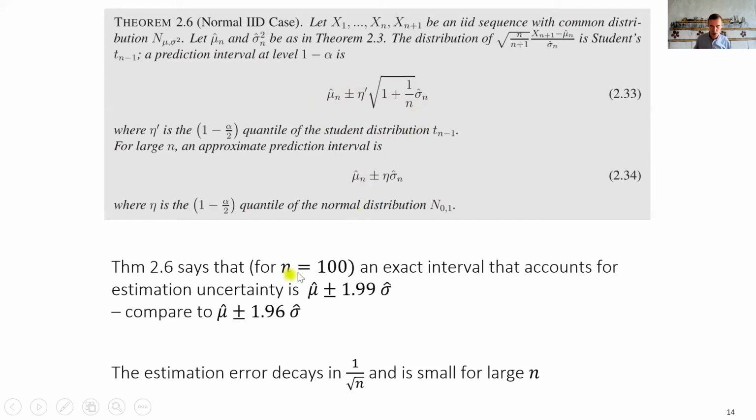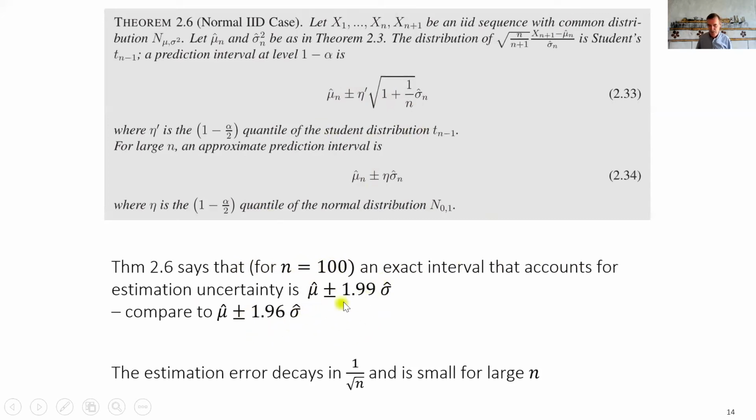So if we do it numerically for n equal 100, an exact interval that accounts for both the uncertainty of the estimation of mu and the uncertainty of the future is this, mu hat plus or minus 1.99, whereas the approximate would be 1.96 here.